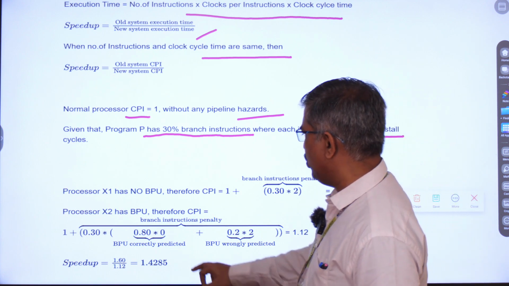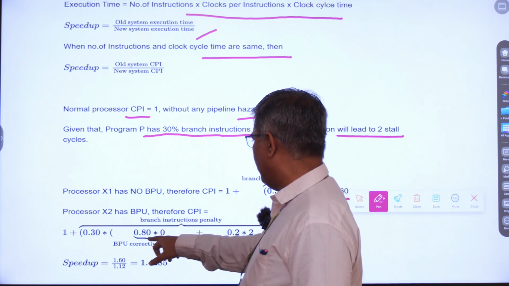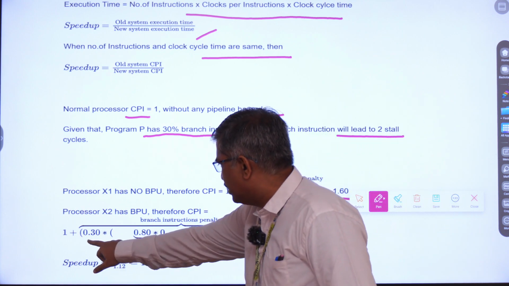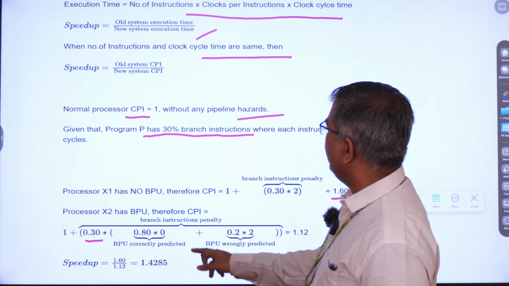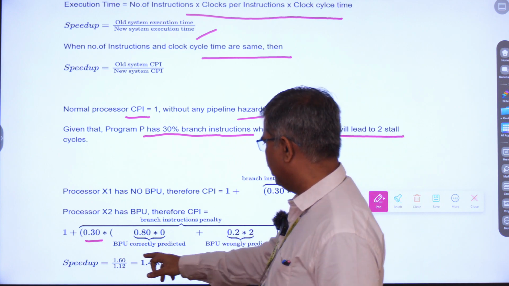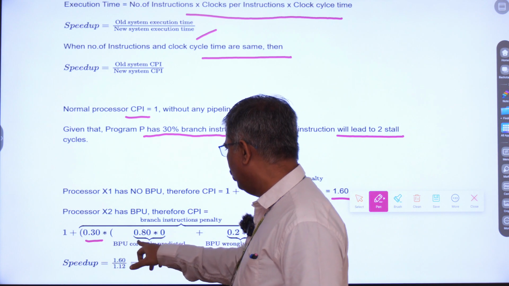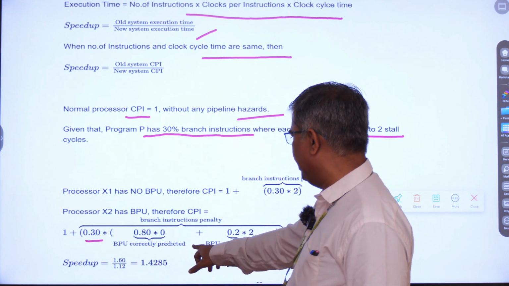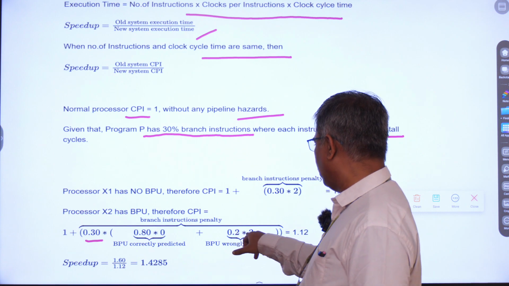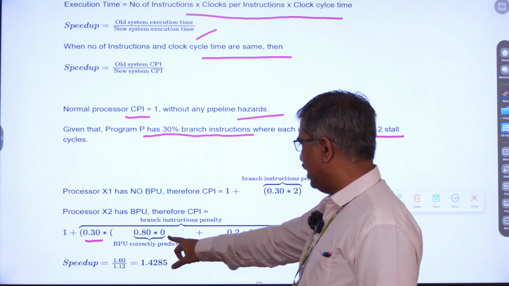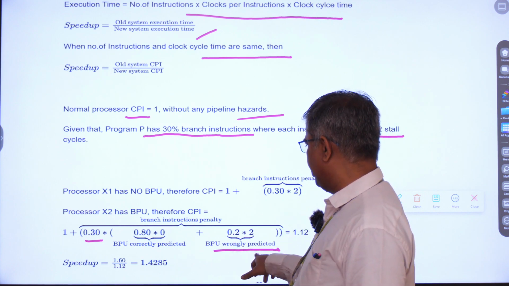Processor X2 has a BPU, therefore CPI will be calculated like this. 30% branch instructions, where each branch leads to 2 stalls. So 0.3 into 0.80 into 0, when the BPU correctly predicted, and then 0.2 into 2, when the BPU wrongly predicted. So this is 80% and this is 20%.